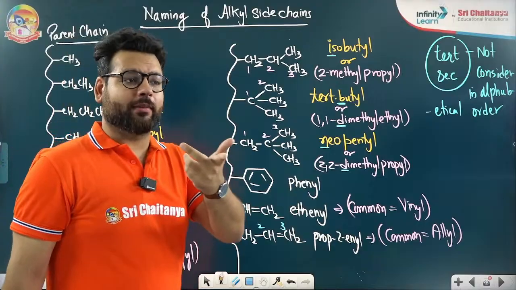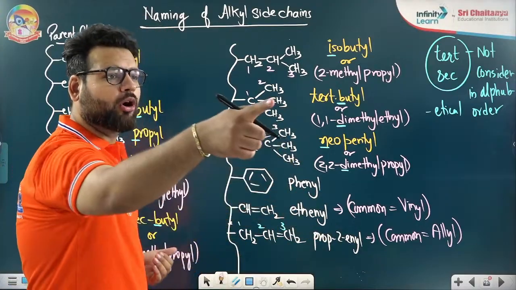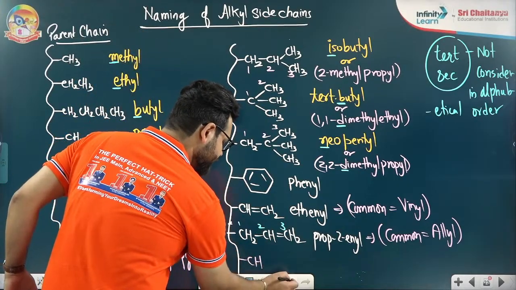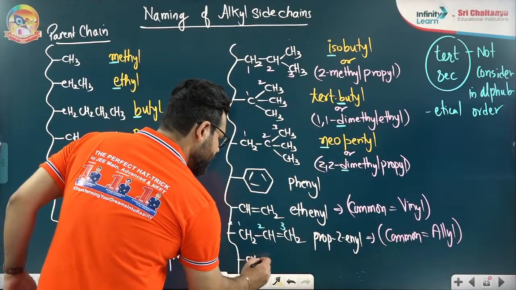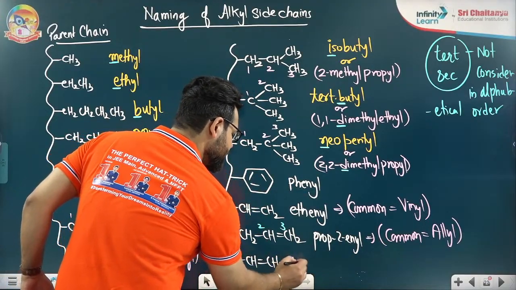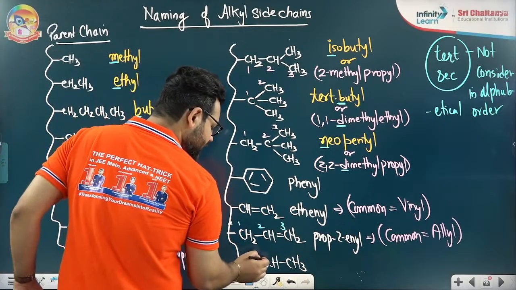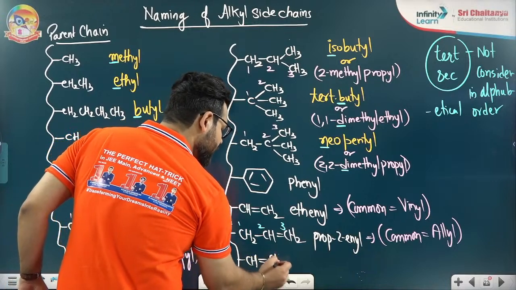Not prop-1-enyl. Numbering will start from the carbon directly attached to the parent chain. Prop-1-enyl is this one. CH, double bond CH, CH3. This is not allyl now. There is no common name for this particular side chain.